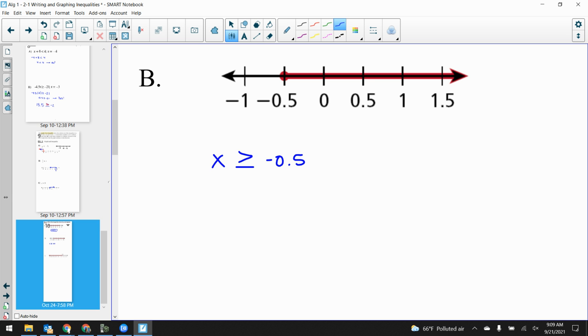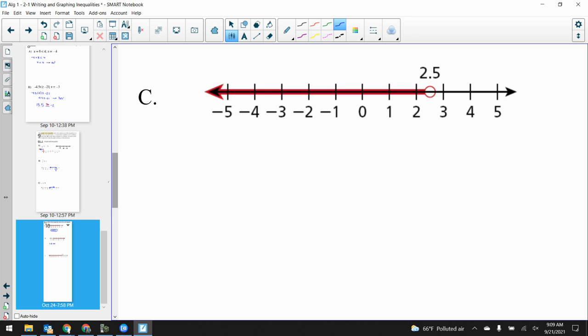Question. What's the difference between having the variable on the left compared to the right? If you flip the variable to the other side, the symbol must change with it as well. Like this problem: x is less than 2.5. That's the way I would write it.